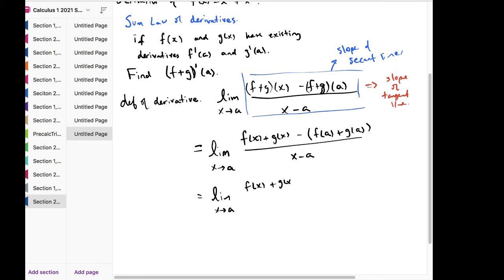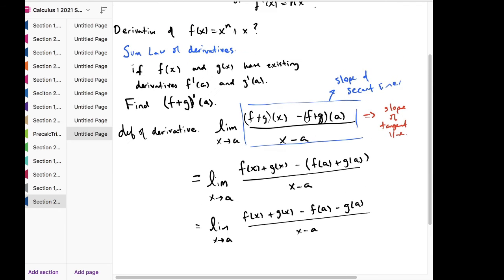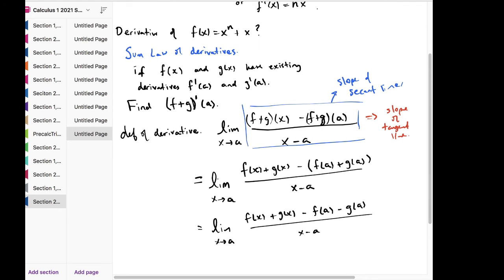The idea is that we want to put this into a form of things that we already know. We know that f prime of a is a thing and g prime of a is a thing. Do you see f prime of a and g prime of a in this expression here?